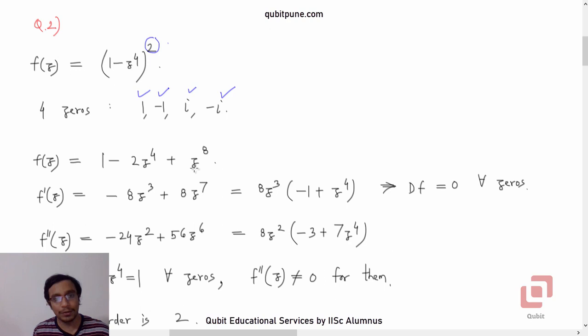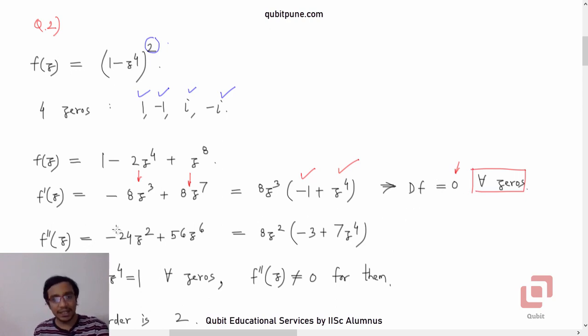It will be 1 minus 2z to the power 4 plus z to the power 8, and let us start differentiating. The derivative will be 0 minus 8z cube plus 8z to the power 7. Now if we take 8z cube common from both the terms, the first term will be minus 1, so the second term will be z to the power 4. Because for all our zeros their fourth power is 1, the value of the first derivative is going to be 0 for all these zeros.